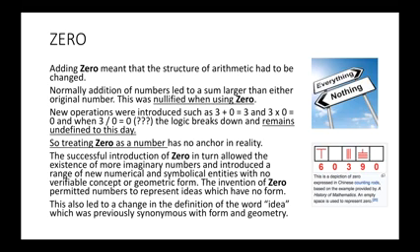So the invention of 0 permitted numbers to represent ideas which had no form or no geometry. And this also led to a change in the definition of the word idea, which was previously synonymous with form and geometry. So you can see how the addition of something like 0 negates a lot of the things that were already there before it came.